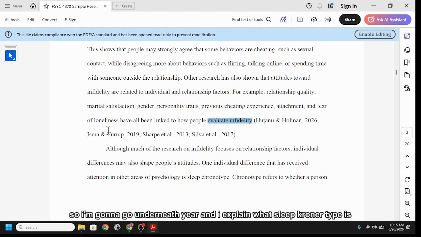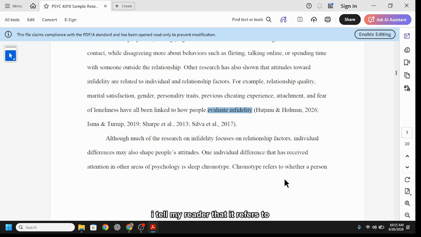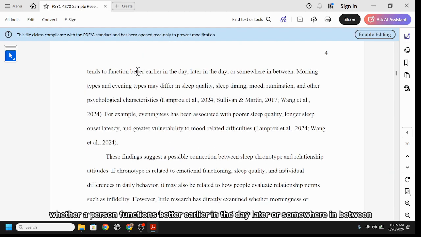So I'm going to go underneath here and I explain what sleep chronotype is. I tell my reader that it refers to whether a person functions better earlier in the day, later, or somewhere in between. I also talk about some of the things that have already been associated in the previous research to various sleep chronotypes.